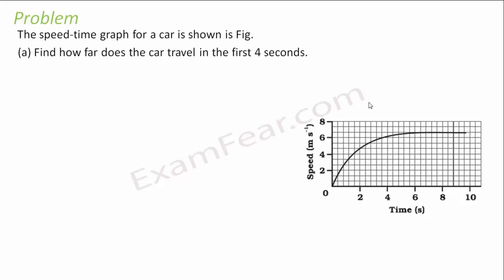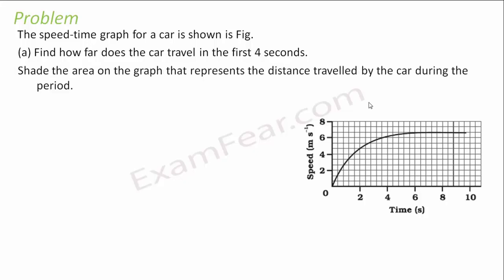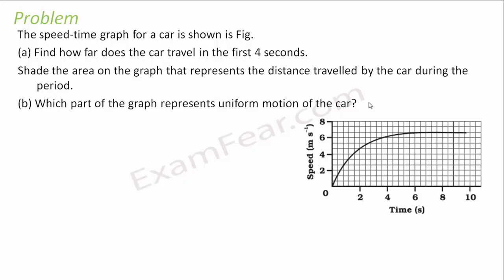The speed time graph for a car is shown in the figure. Find how far the car travels in the first 4 seconds. So we have to calculate the total distance traveled by the car in the first 4 seconds. Which graph is given here? It is given here as a speed time graph. Now we have studied that if you have a velocity time graph, how do you get displacement?